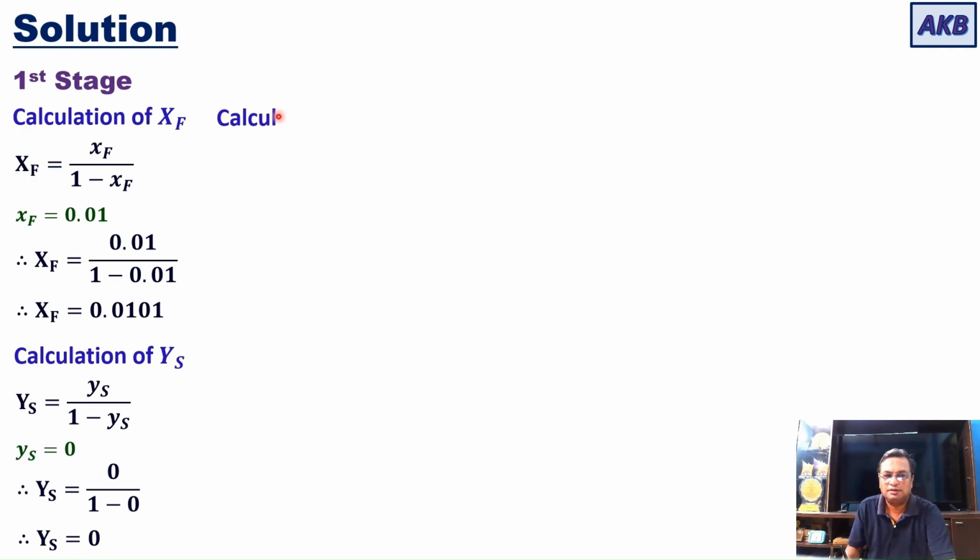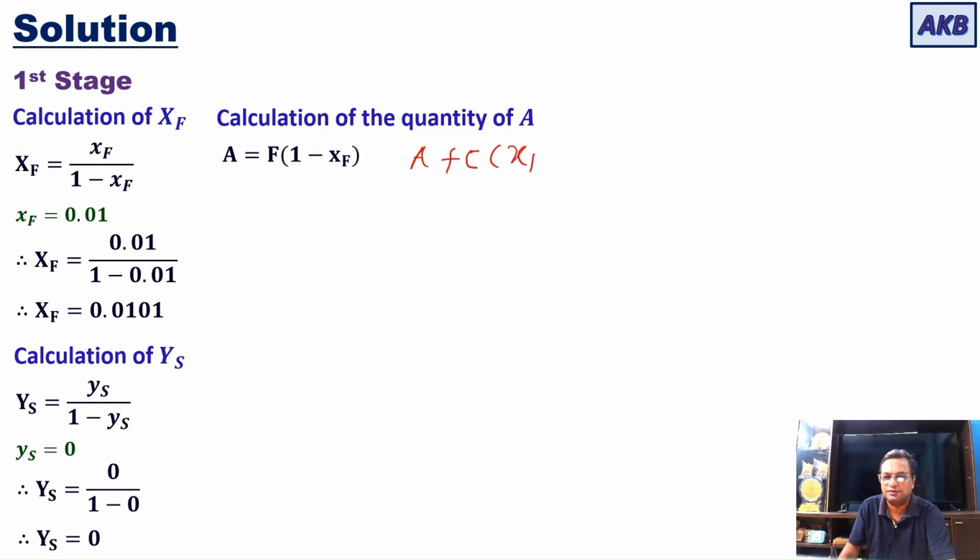Then we have to calculate the amount of A in the feed. Calculation of the quantity of A. So how do you calculate it? Since the weight fraction of solute in the feed is XF, the weight fraction of A in it would be 1 minus XF, because the feed contains A and C. For C, the weight fraction is XF.